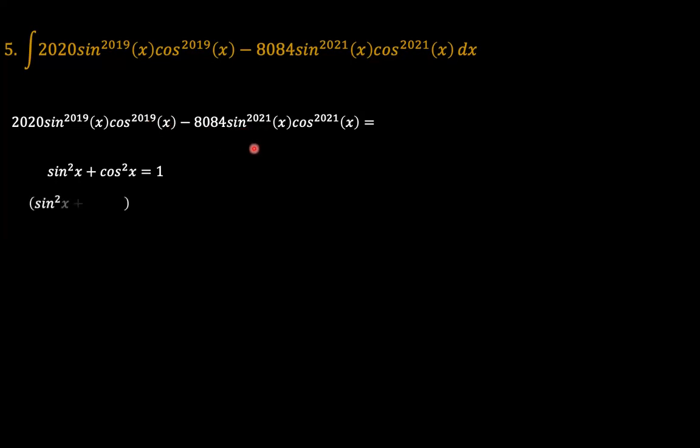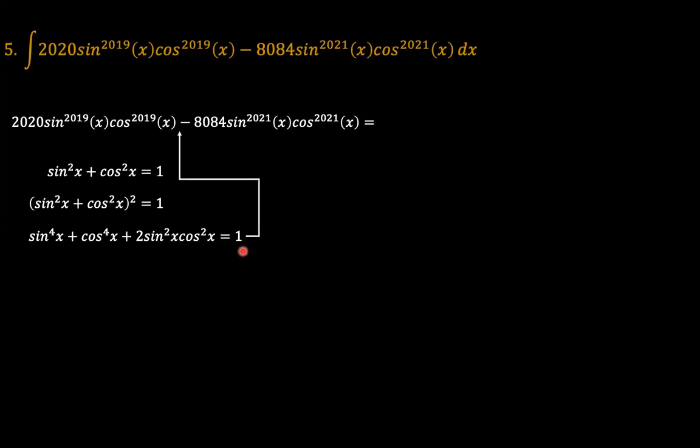And then if I square sine squared x plus cosine squared x is equal to 1, we get this expression: sine to the power 4x plus cosine to the power 4x plus 2 sine squared x times cosine squared x is equal to 1.